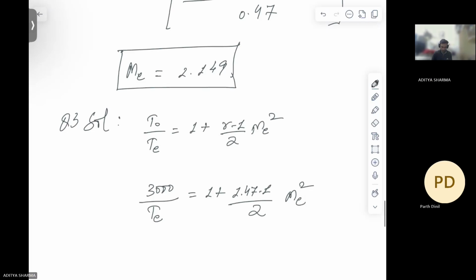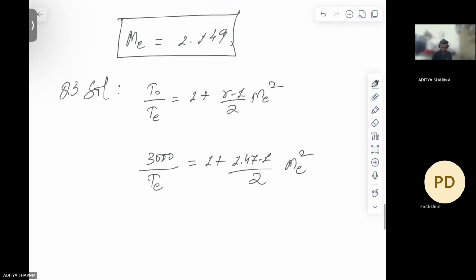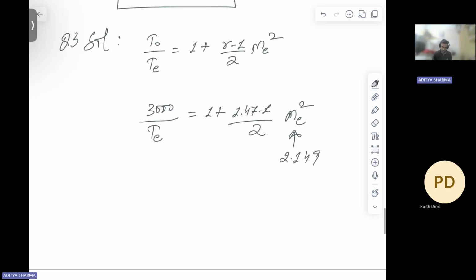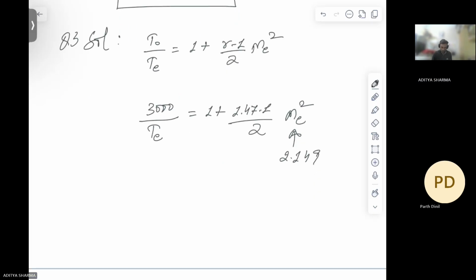Now from the previous question, we will use Mach here as 2.149.